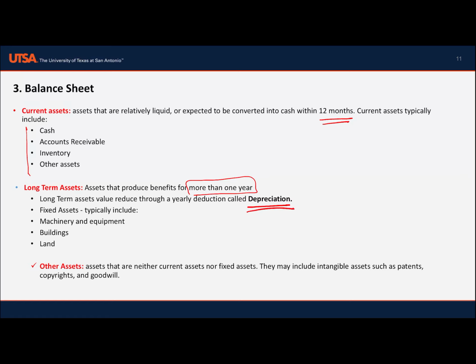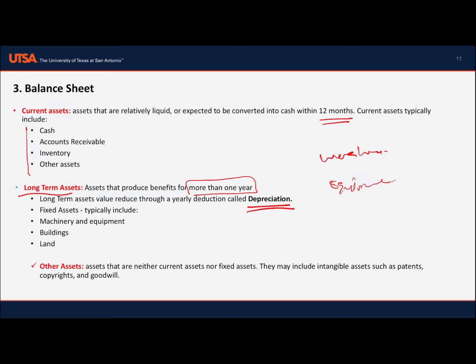For example, an asset can be a warehouse, it can be equipment, and the asset value is depreciated year by year.